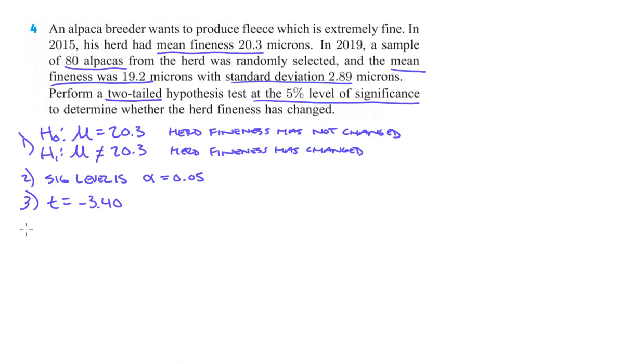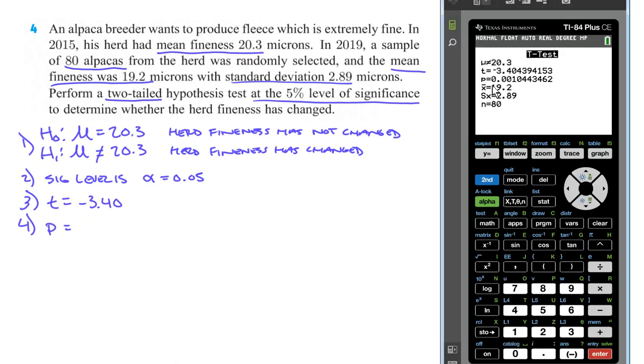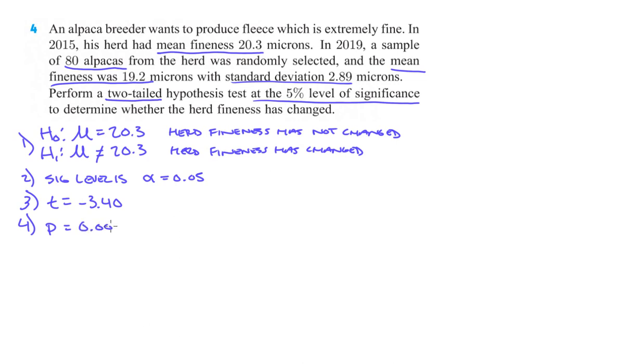Then our fourth step is to come up with our p-value, and that's what our calculator did for us: 0.001. Our fifth step is to come up with our rejection inequality.